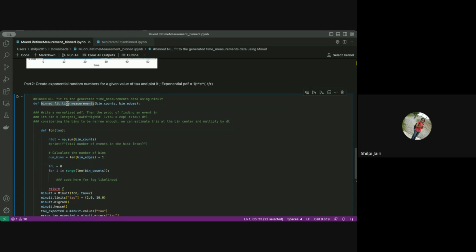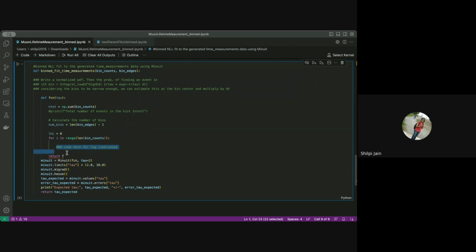Here you write the binned fit of the time measurement. You define a function FCN, which takes the tau parameter because this is to be fitted. Here you loop over all the bins, and this is the place where you have to code the log likelihood. Once you have written the log likelihood, you return it, minus 2 log L is F, and then you call Minuit. This part I have already done for you. You just have to write here. I'll provide the link to this code.